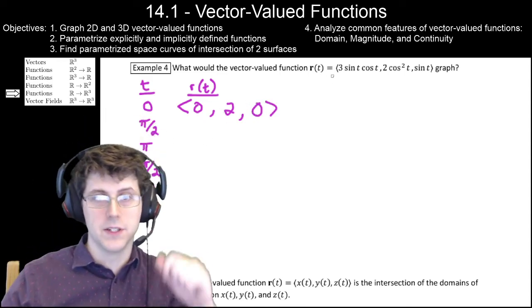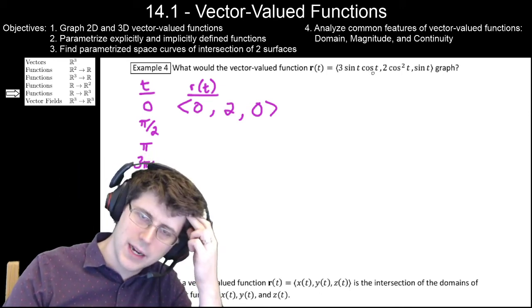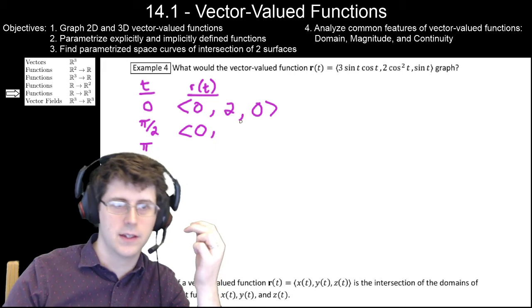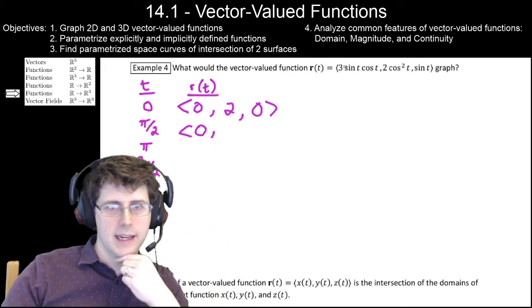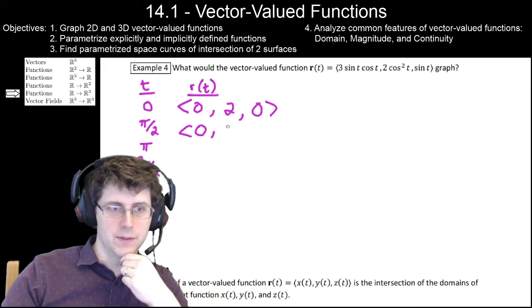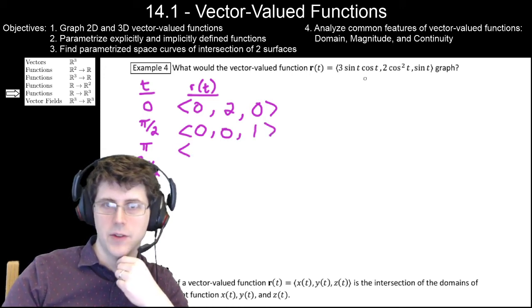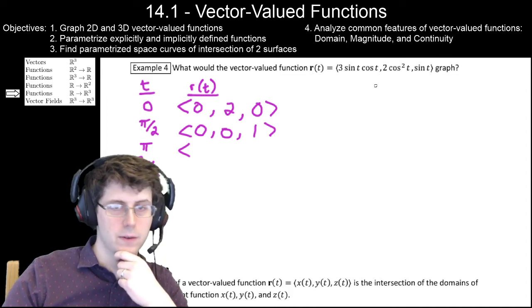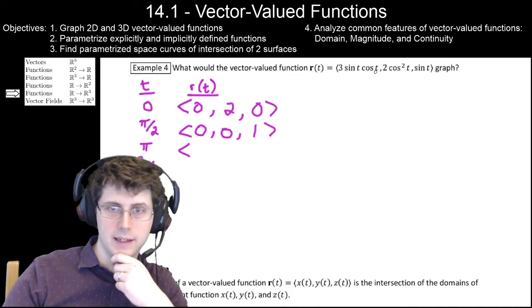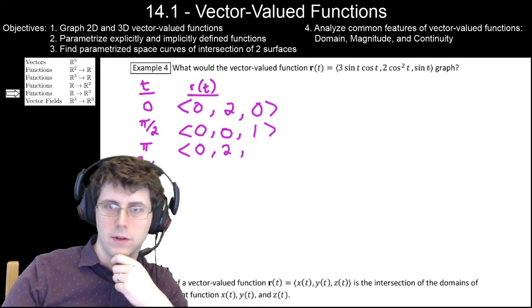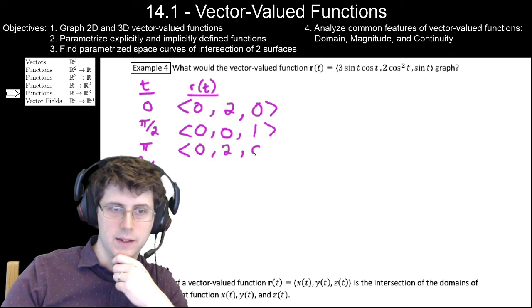Then I'll plug in pi over 2. Cosine pi over 2 is 0, so this first slot is 0. In the second slot, I get cosine squared of pi over 2, that's also 0. And sine of pi over 2 is 1. I'll just go through and plug all these in. So pi, I get 0, 2, sine pi is 0.